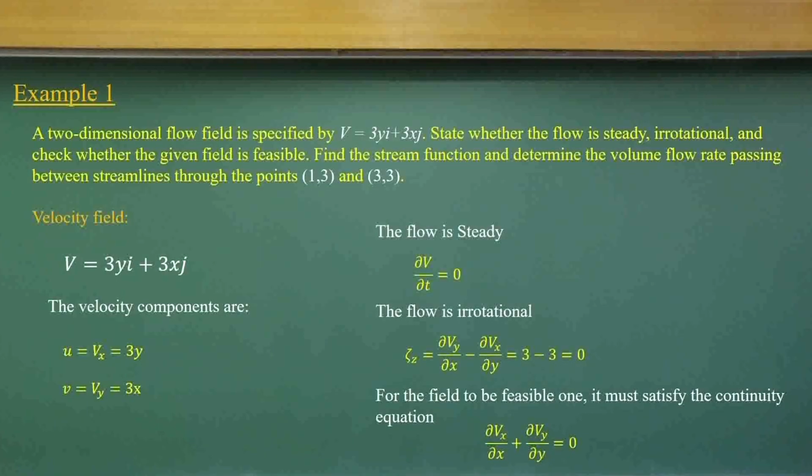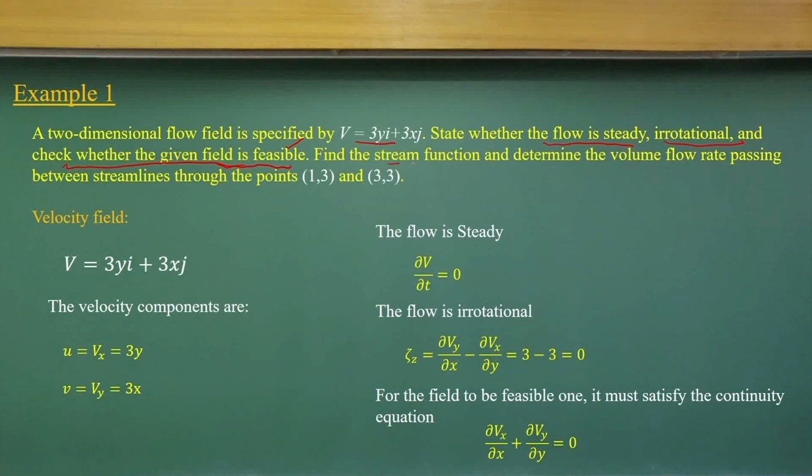With this I can start solving the two example problems and conclude today's lecture. In the first one, there is a two-dimensional velocity field. State whether the flow is steady and irrotational, and check whether the given field is feasible, that means whether mass conservation holds, that is, the flow is incompressible and mass conservation principles hold good.